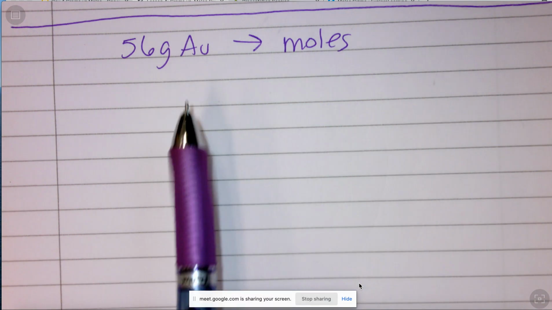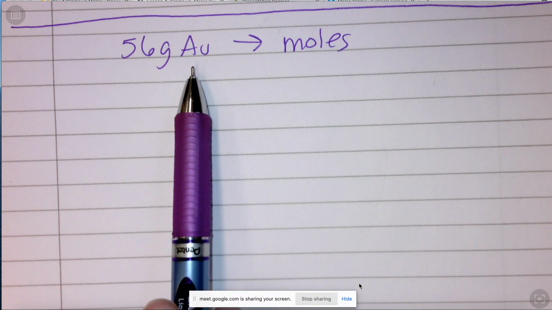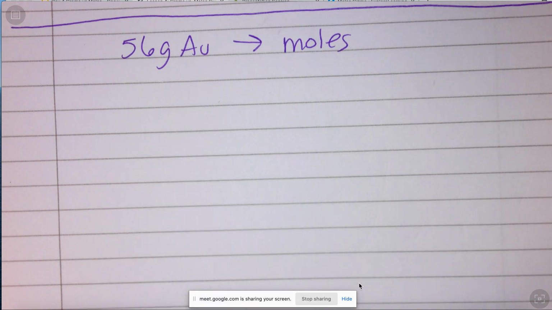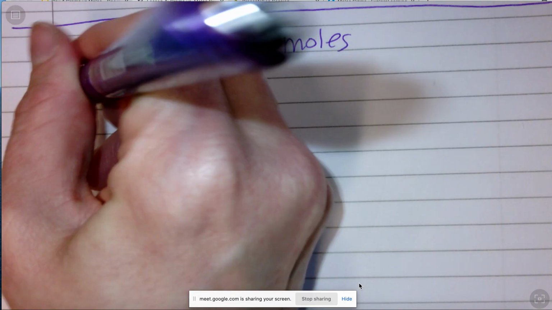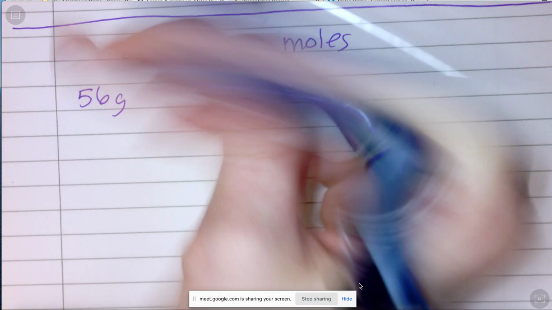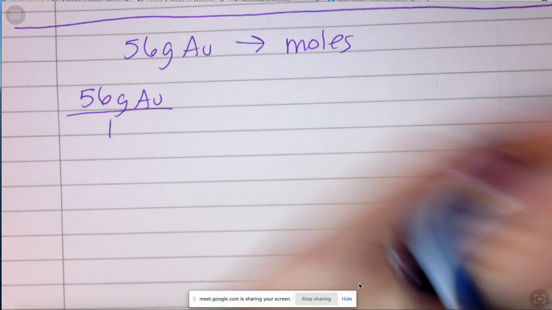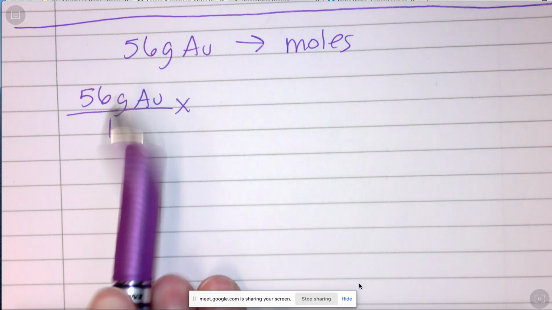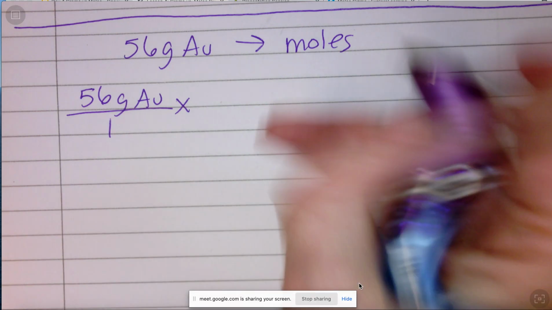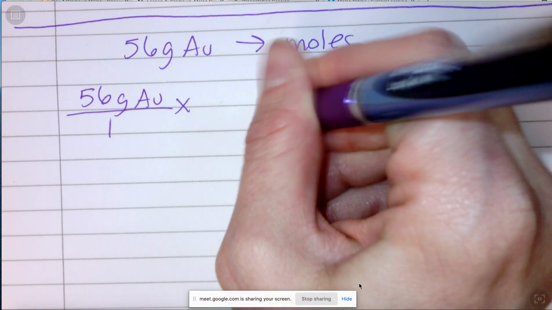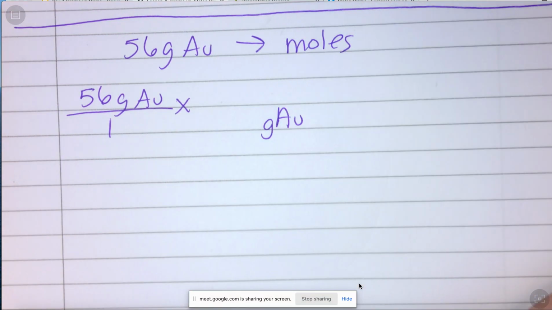Since I have an element here, I just have gold. I don't need to figure out my molar mass. It's just in my periodic table. So I write what I'm given, 56 grams of gold over 1. Since grams of gold is in the numerator, gram of gold goes in the denominator.